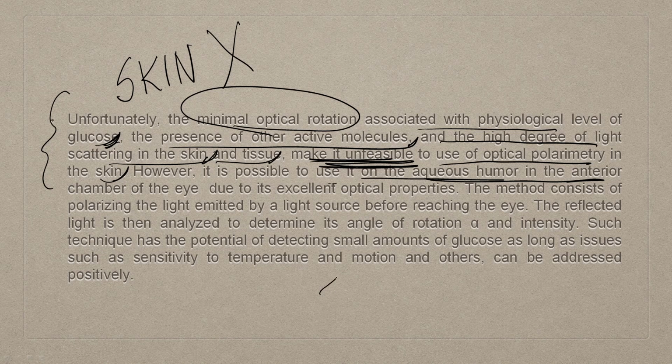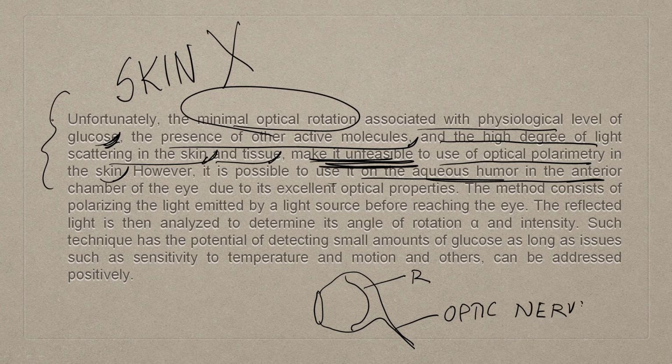So, if you look at the structure of the eye, it is something like this. You have the retina sitting here. This is your retina, this is your optic nerve, these are the ciliary muscles, here you have the lens, here you have the cornea, and here you have the aqueous humor.